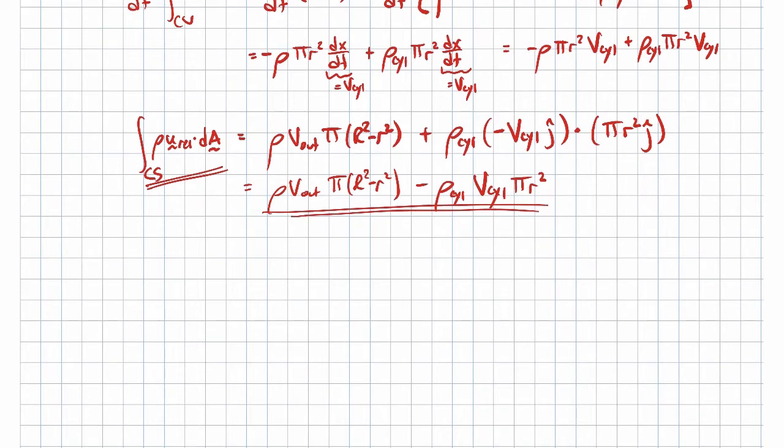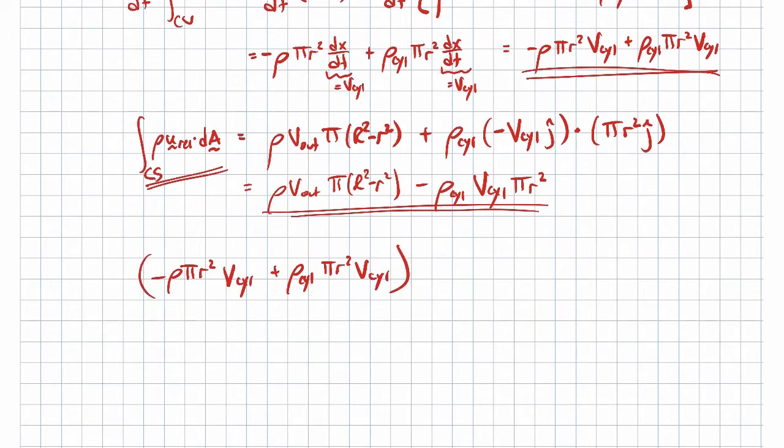So now we'll just add the two together. We're going to add this together with the other double underlined item. This comes from our time rate of change of mass in the control volume, and then we're adding in the net mass flow rate out.